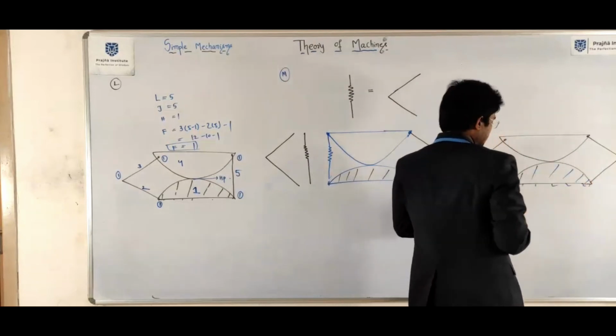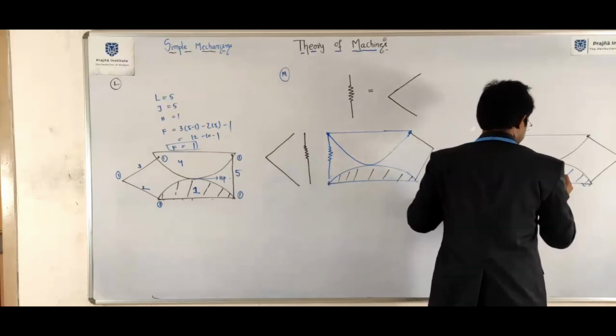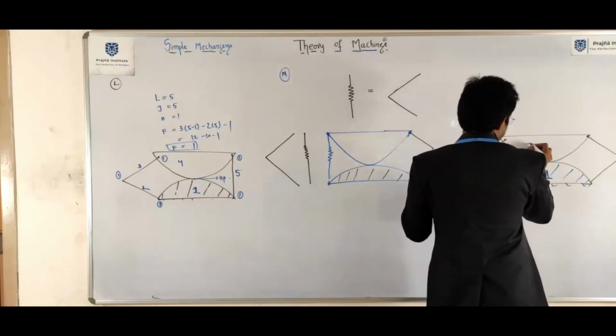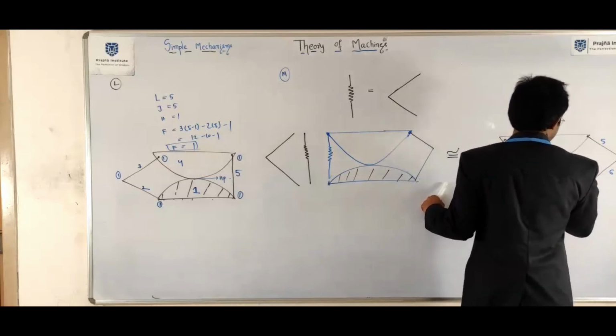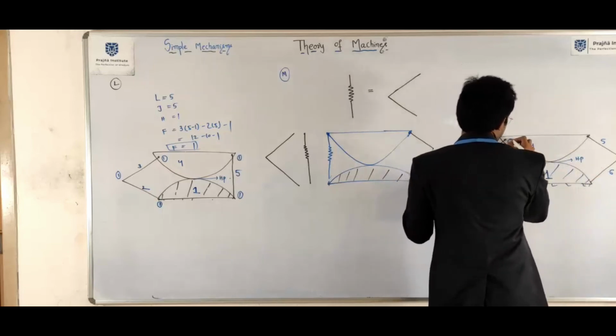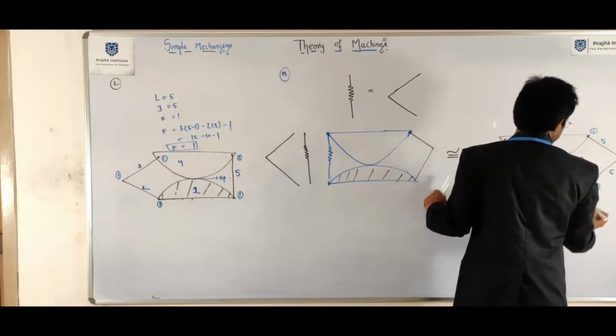The complete thing is a single link. 1, 2, 3, 4, 5, 6. Higher pair 1. Between 4 and 5 turning pair, 5 and 6 turning pair, 6 and 1 turning pair.